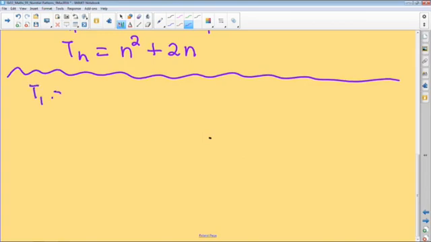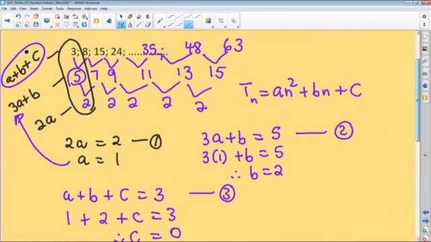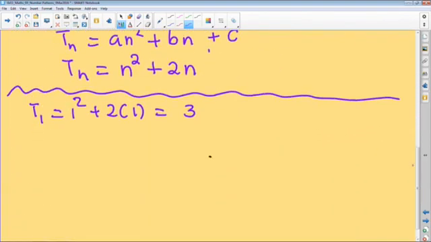T1 is 1 squared plus 2 bracket 1, which gives us a 3, okay? That's a 3. We need to get 3, 8, 15, 24 at least. So 3, 8, 15, 24. Just to prove if we are right or wrong, okay?